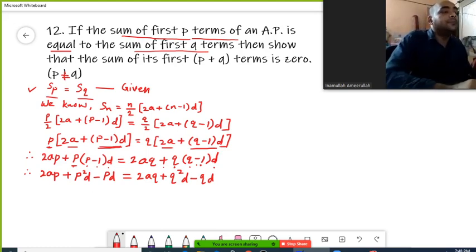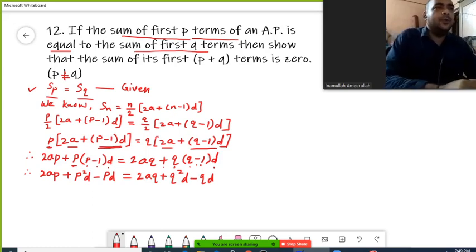Now on the right hand side, whatever values we have, we will bring them to the left hand side, and I'll equate them to 0.